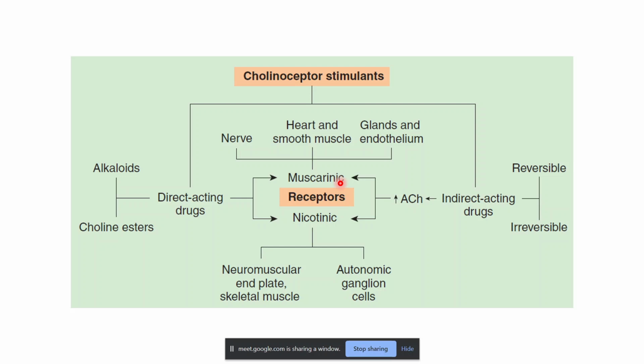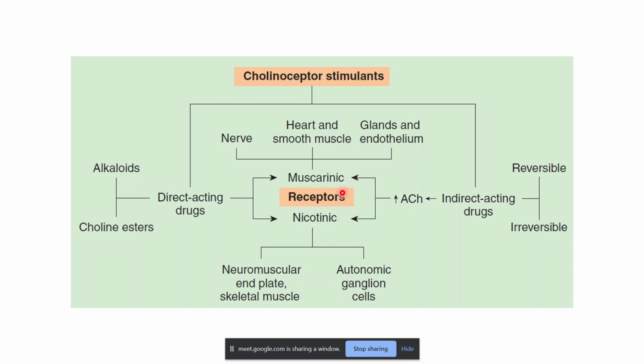ganglia. The effects of acetylcholine itself and of the cholinergic drugs at autonomic neuroeffector junctions are called parasympathomimetic effects, and they are mediated by the muscarinic receptors.